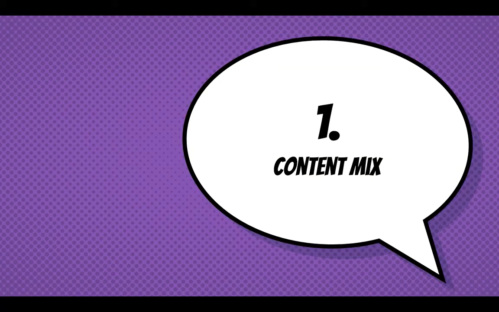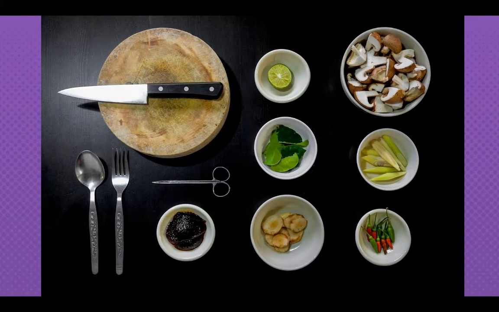Okay, let's talk about content mix. Your content mix is basically everything that you're posting that turns into your Twitter feed. And I like to think of content mix like creating a really great meal. You can feed yourself mushrooms, you can feed yourself some hot peppers, and alone they are food and they will provide you with a little bit of sustenance.